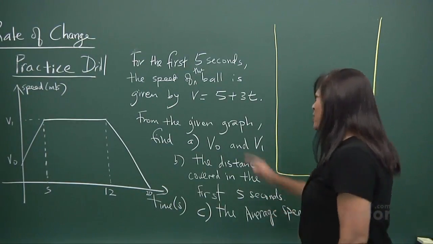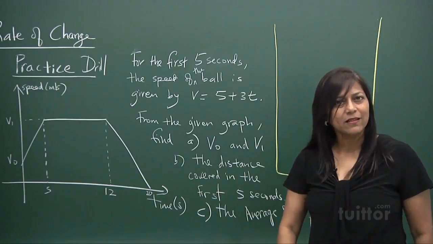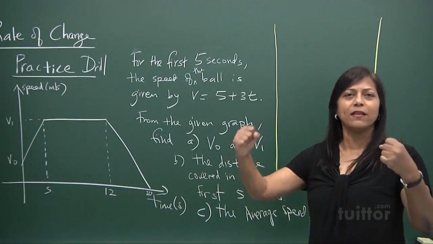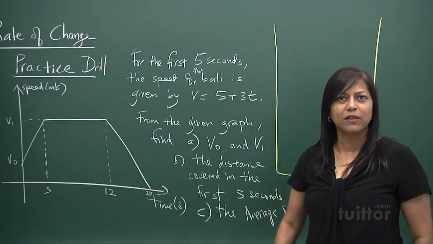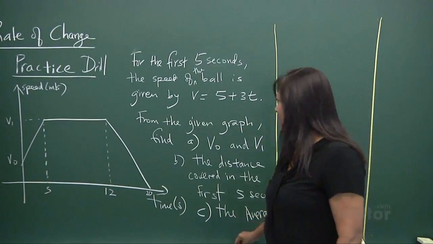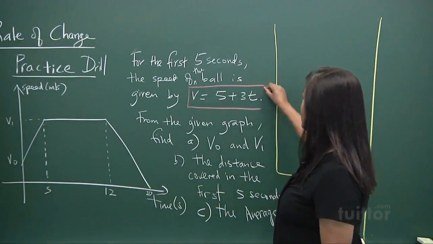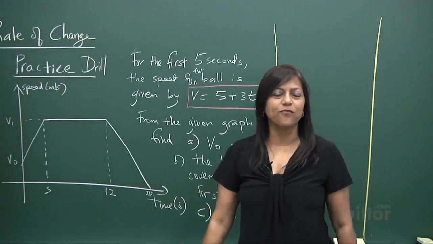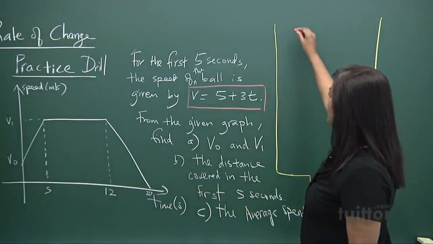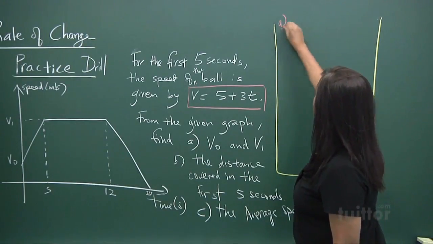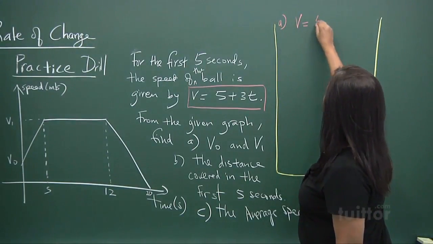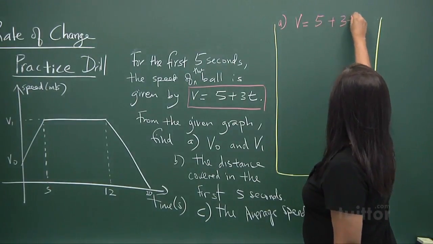What is it like? Who controls this equation? Speed, like how when you're driving, the driver controls the speed of the car. Who controls in this sum? This is very powerful information. V equals to 5 plus 3t. So if you look at the sum, V equals to 5 plus 3t.